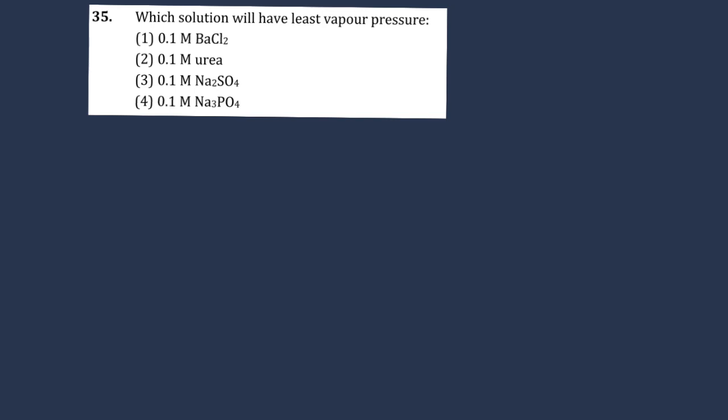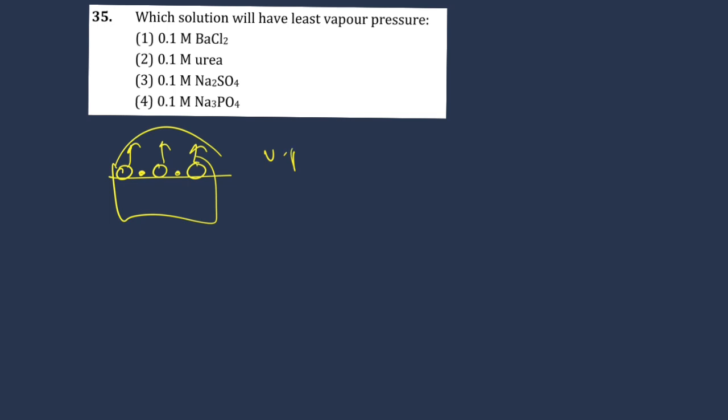Next, 35. In question 35, which solution will have the least vapor pressure? Least vapor pressure means, now only discuss this one, it will have less solvent, more solute. So solvent particles decrease, solute particles increase, meaning it has less vapor pressure, because fewer solvent molecules vaporize.